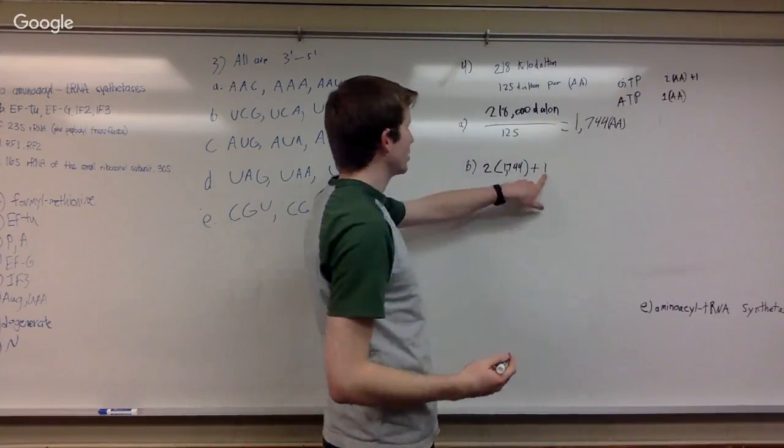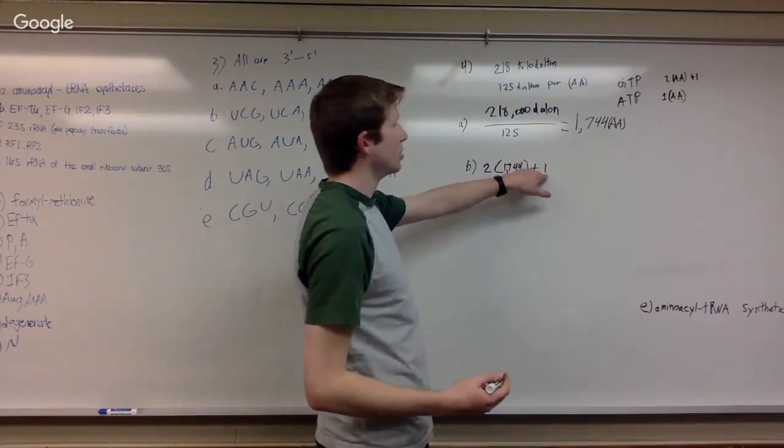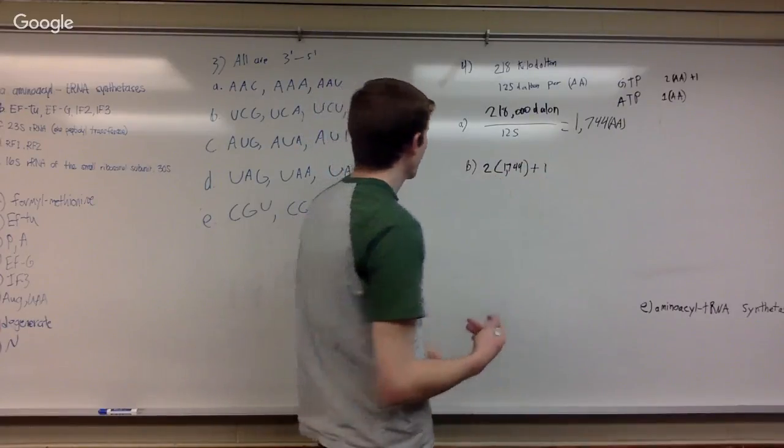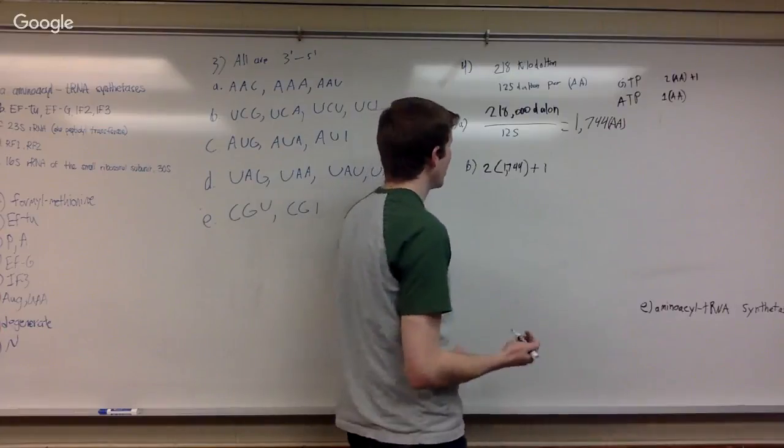And then you add 1 because it takes 1 GTP to separate the ribosome and to make your protein complete.